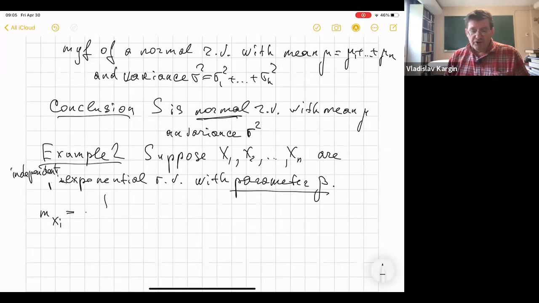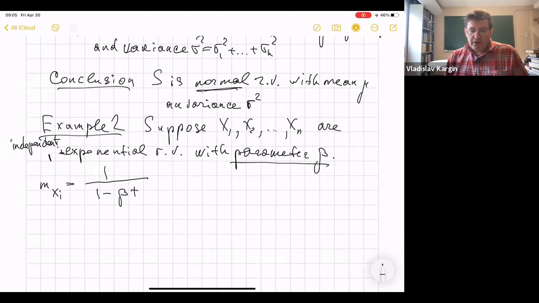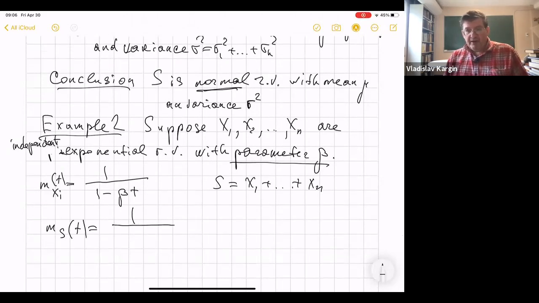I will not do this calculation; we calculated it before, it's easy to calculate that it's equal to 1 minus beta t, to the power of minus 1. Now if you define S equal to X_1 plus so on plus X_n, then you'll find that M_S(t) is the product of the moment generating functions of each individual random variable. So it's equal to 1 minus beta t multiplied by itself n times, so it's to the power of n.